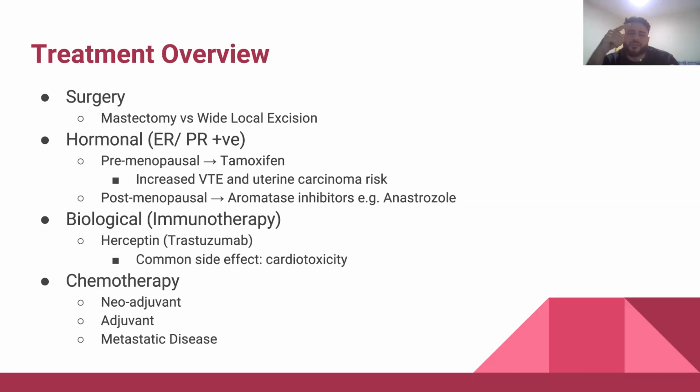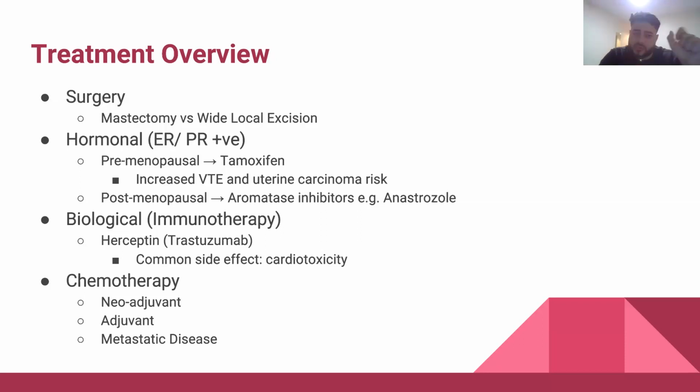No, the uterus, I think, produces hormones that can be aromatized and converted into estrogen. So you want to inhibit that process in postmenopausal patients. Whereas in premenopausal patients, you don't need to do that. You just need an estrogen receptor antagonist, which comes in the form of tamoxifen. But it's also, as mentioned before by my colleagues, tamoxifen runs the increased VTE risk and the concurrent uterine carcinoma risk, so endometrial cancer.